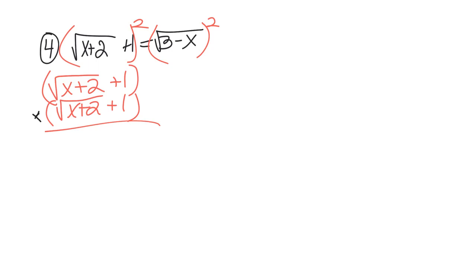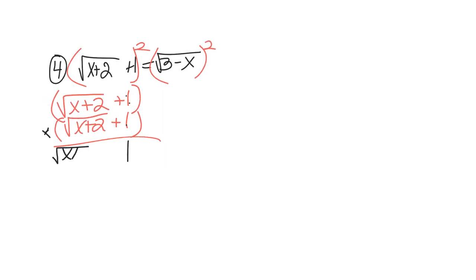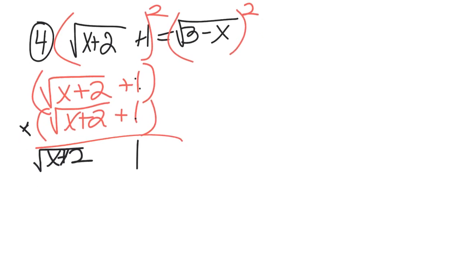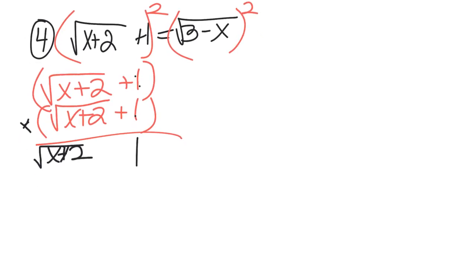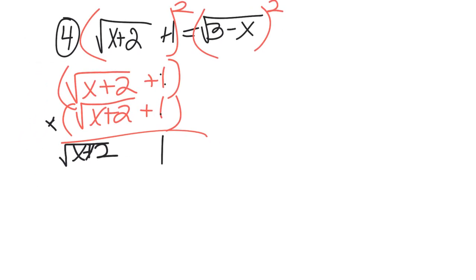And I get 1 times 1, right? 1 times 1 is 1. Then I get 1 times the square root of x plus 2. So square root of x plus 2. And then square root of x plus 2 times 1, that's another square root of x plus 2.